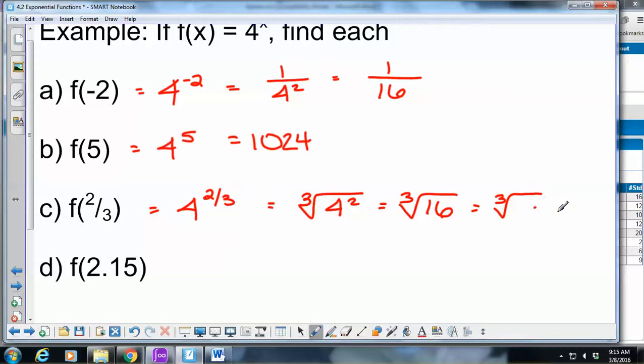So let's break up 16. What perfect cube goes into that? So we get 2 times the cube root of 2. Broke 16 up into 8 times 2. The cube root of 8 is positive 2. You guys remember doing these things before?